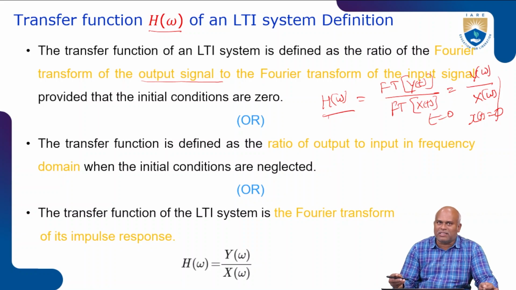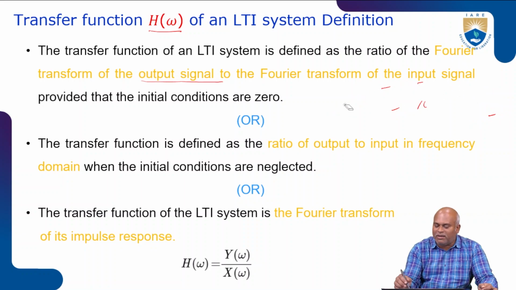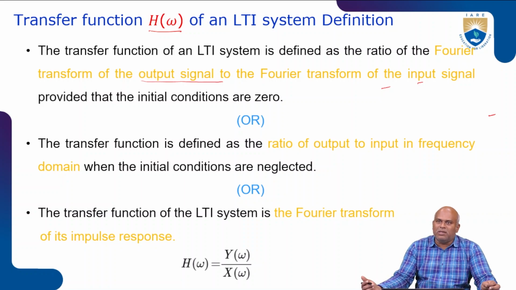Then only the system is represented as the transfer function of the frequency domain. Or we can say in another definition, the transfer function is defined as the ratio of output to input in the frequency domain where initial conditions are neglected.